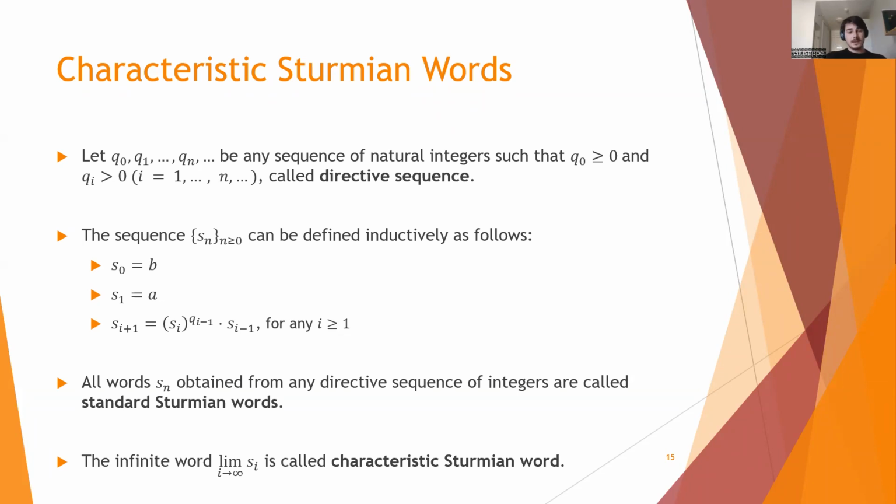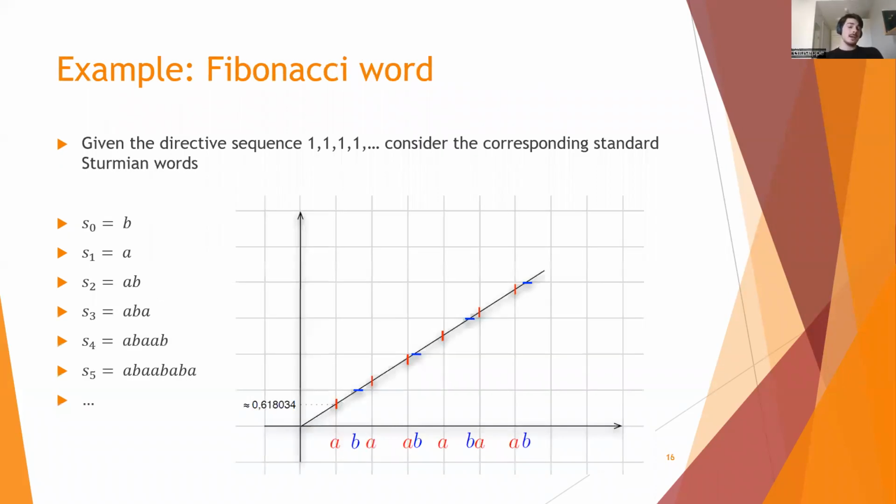The limit, as n tends to infinity, of the terms of this sequence is the so-called characteristic Sturmian word. These words have a lot of properties, and very well known is the Fibonacci word, which is obtained by considering the directive sequence of just ones.